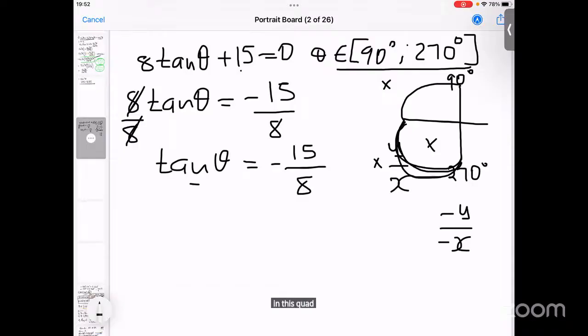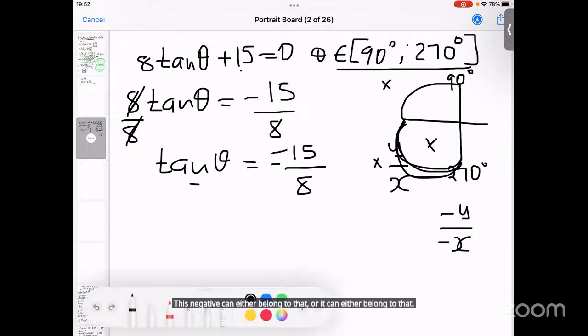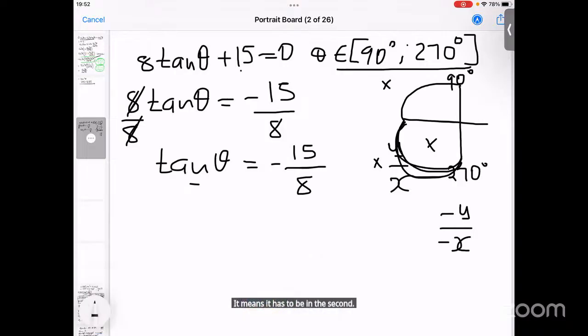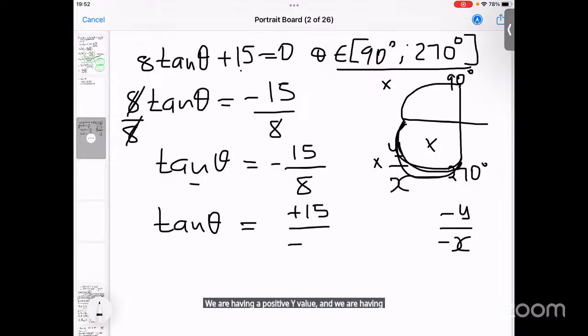But in this situation, where this negative can belong to either one, it means it has to be in the second quadrant. And in the second quadrant, we have a positive y value and a negative x value.